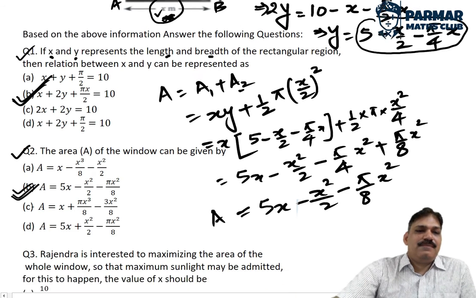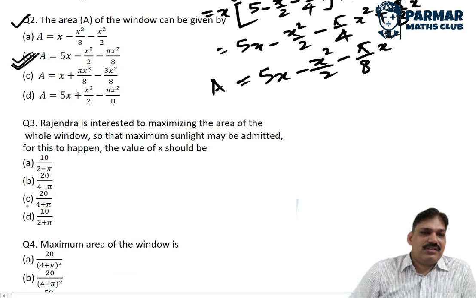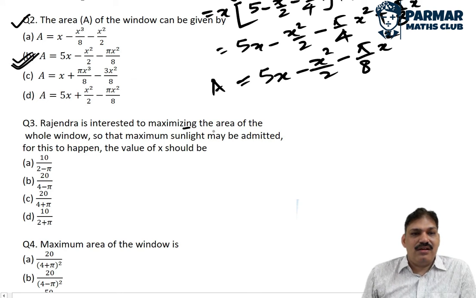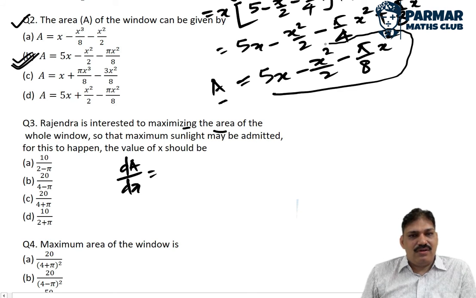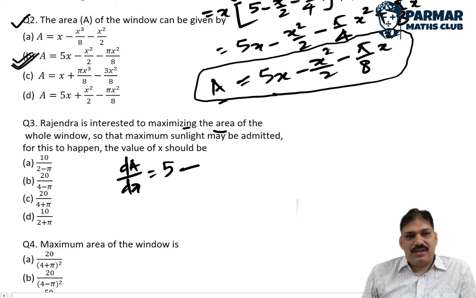Now the next part is Rajendra is interested to maximize the area. To maximize the area, dA by dx must be 0. So now we find the derivative of A with respect to x. On differentiating, 5 into the derivative of x is 1, minus the derivative of x square is 2x upon 2, that gives x, and the derivative of x square is 2x, that is pi by 8 into 2x.